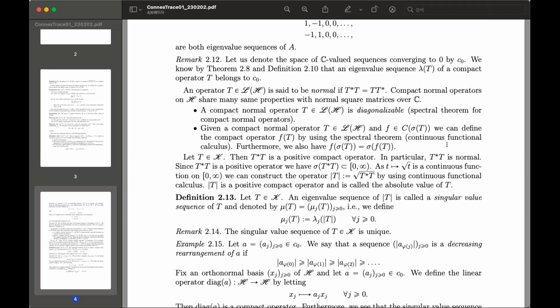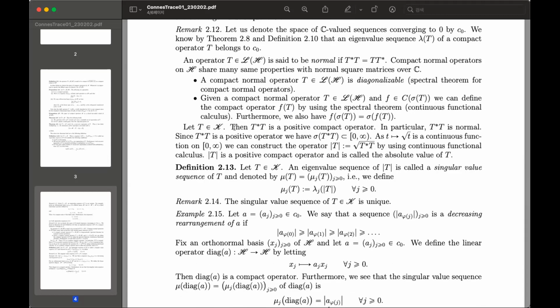Imagine that in the case of a matrix, once you diagonalize it, the matrix evaluated at a function can be defined by evaluating each eigenvalue on the diagonal entry with the function f. So the same business can be done in the infinite dimensional Hilbert space case.